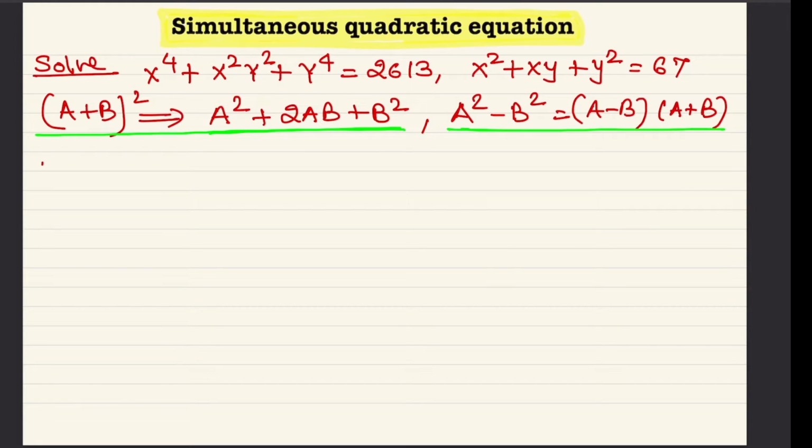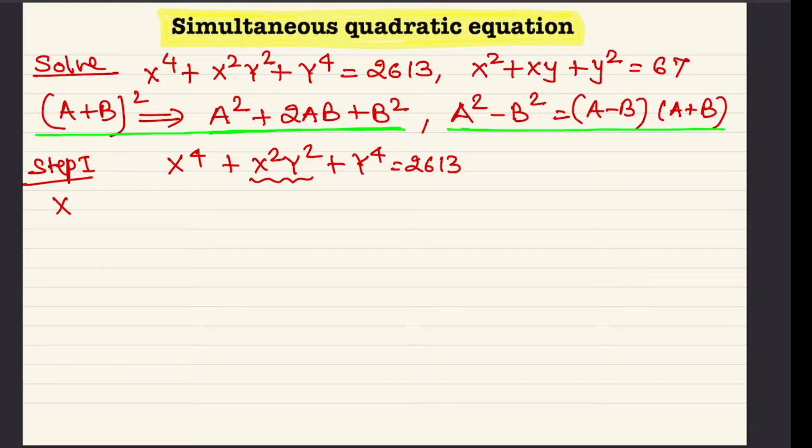Now step 1: x power 4 plus x square y square plus y power 4 equal to 2613. We have to convert this into the form of (a plus b) whole square. For doing that, we will add x square y square and subtract x square y square from this equation.